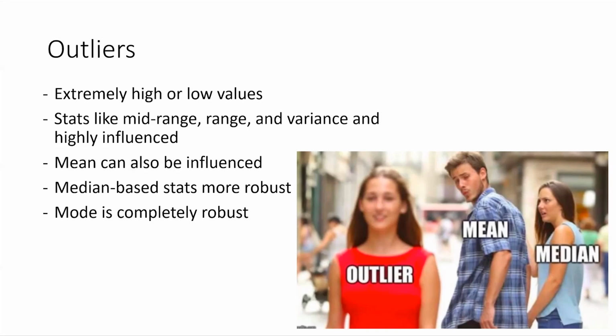But I happen to catch a random person, or I sample one more person and they happen to be, you know, like 7'2" or something. That's really going to change the mid-range, range, and the variance of my sample. The mean can also be highly influenced, but the median-based stats are much more robust, which is what I'm alluding to here in this meme. Median-based stats are much more robust to outliers than means. The mode is completely robust, right? Because it's just the most common number in your data set.